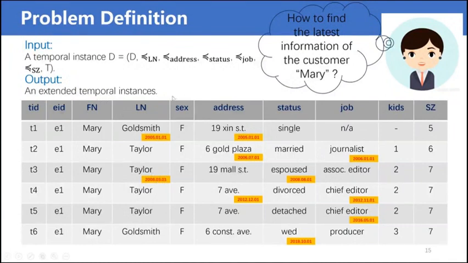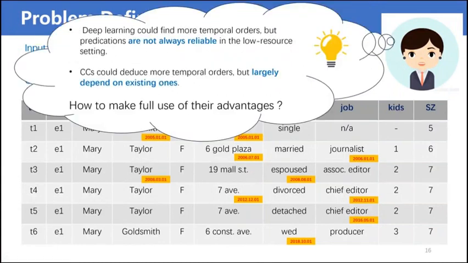The output is to find the orders of each attribute, such as in address. We can find that the value of T6 is the latest one, which is later than T5, T4, and T1. So the output is to find the time orders of all attributes and all tuples.